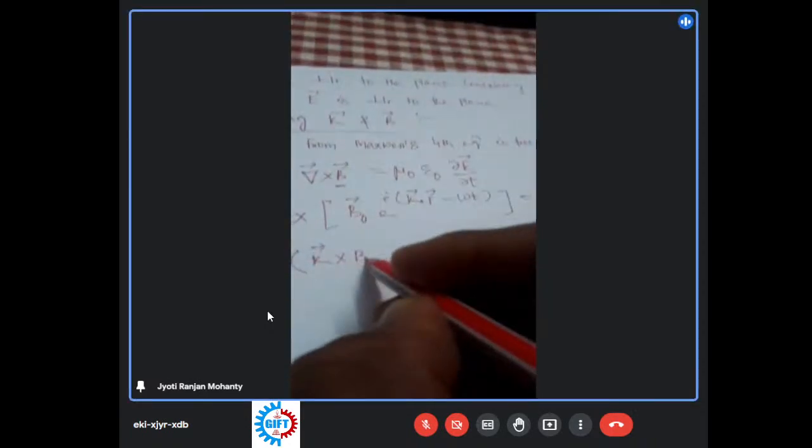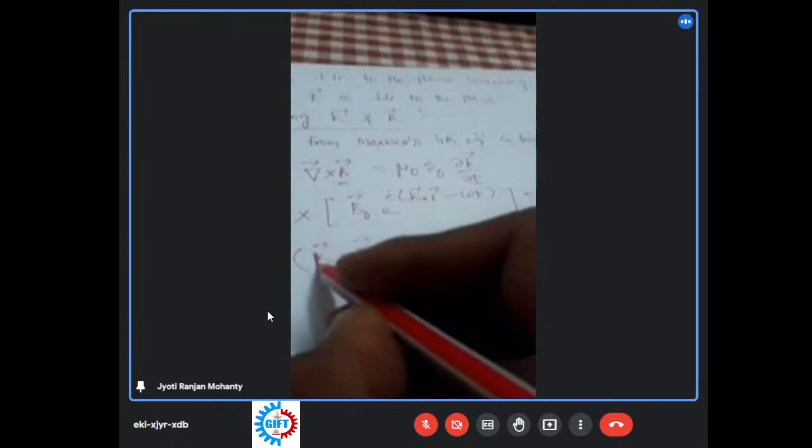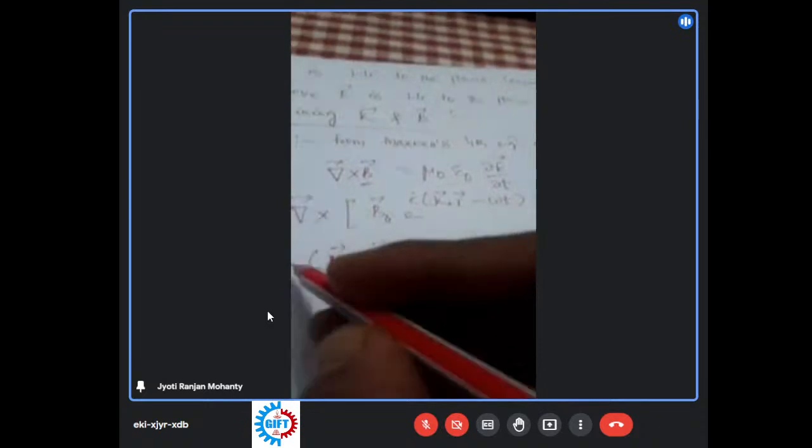In the exam directly you can write this. This is i, not i cap, i for imaginary number. Don't confuse. This is i K vector cross B vector. What will be the right hand side?